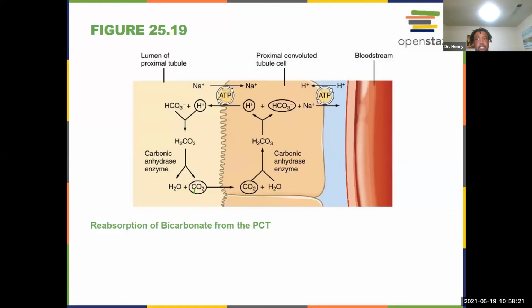So it's going to interact nicely with the lipid structures and things like that. And we're able to get it to diffuse through that membrane, and then it's going to remake the bicarbonate, and then we can recycle that and allow it to be released back into the bloodstream.